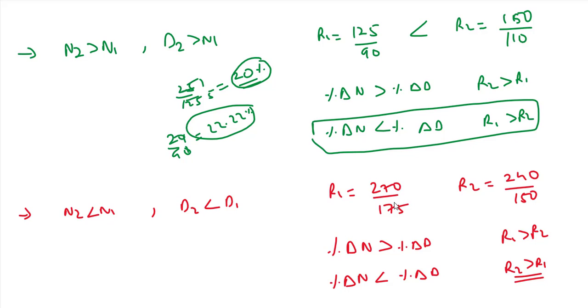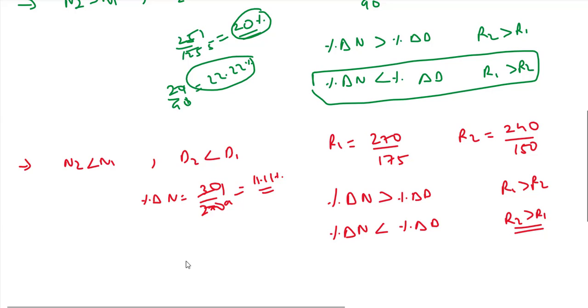So if we take this example, if you find the percentage decrease in the numerator, the numerator is decreasing by 30 over 270, so the percentage value will be 1 by 9 into 100, that will be 11.11%.